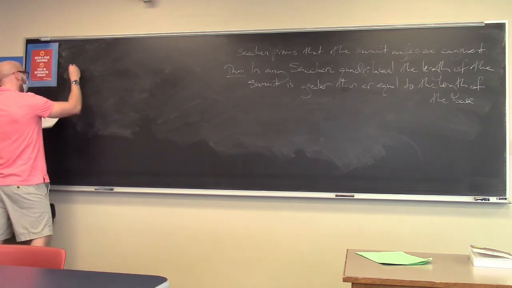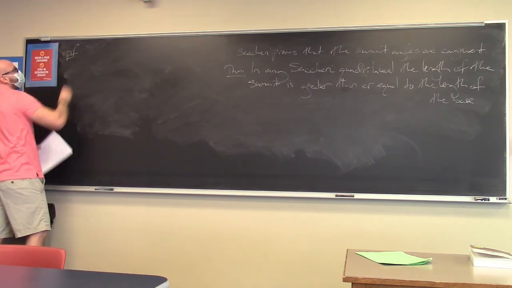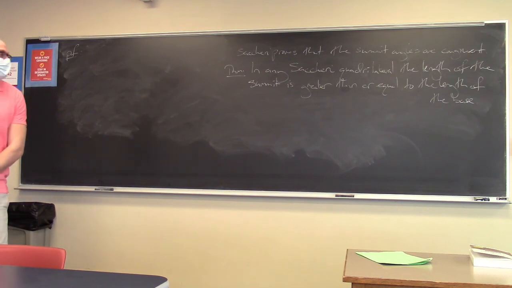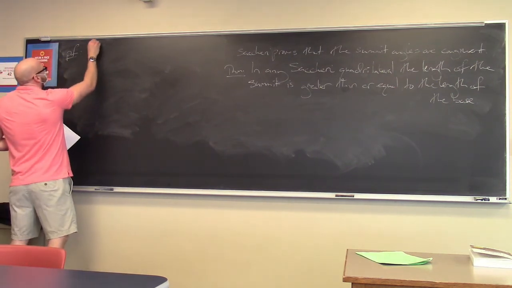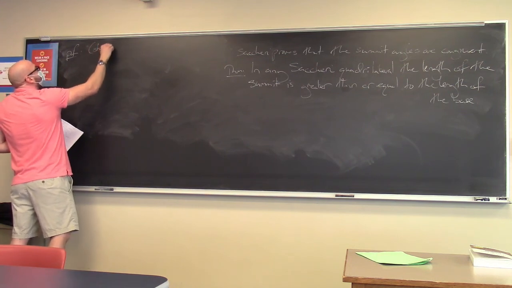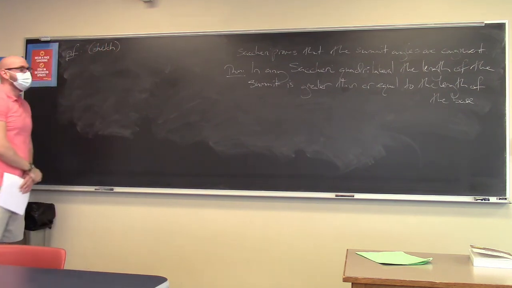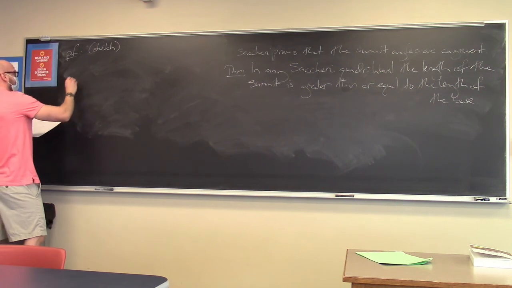Yeah, so let's prove this. It's a proof by cases. So how about we call this a sketch, so I don't have to write down a whole bunch of details. We'll just call it a sketch, and we'll draw a picture.